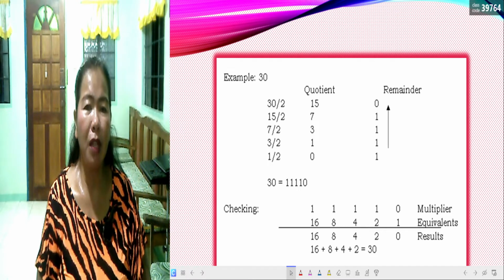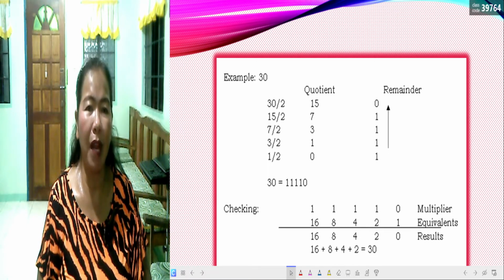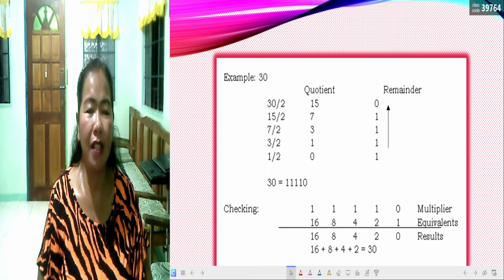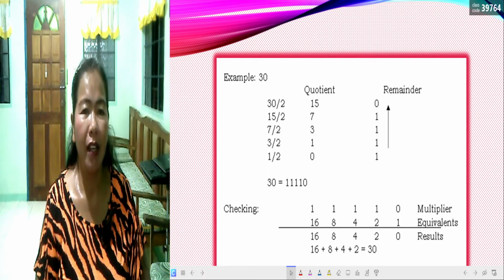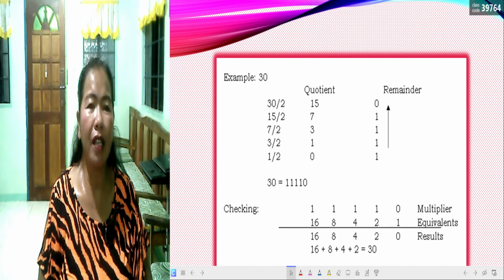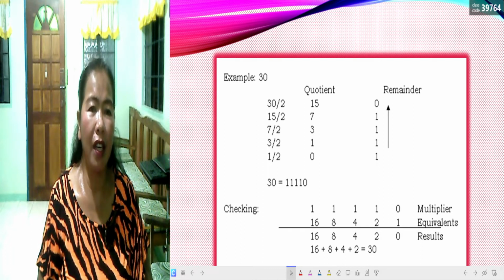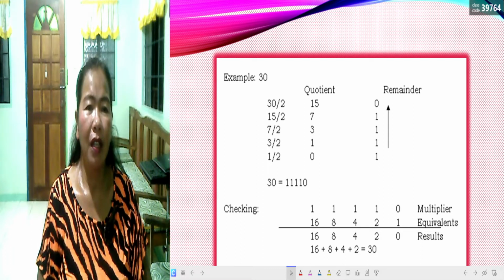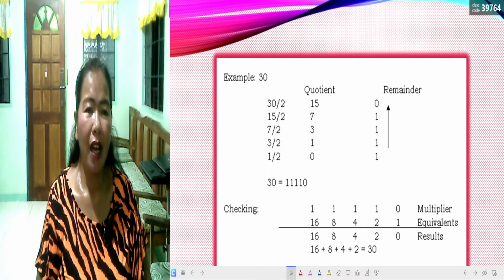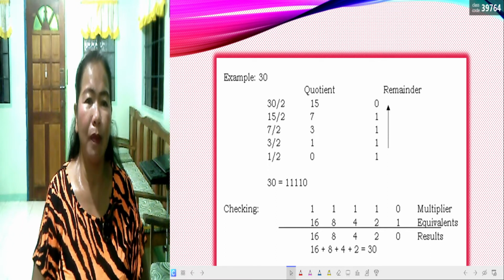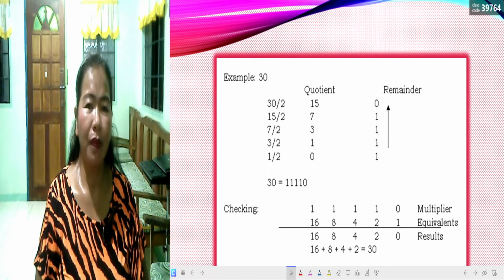So meaning the multiplier equivalence is being multiplied by 2. Whatever the last digit is will be multiplied by 2. So if ever there are still additional digits to the left, after 16, you need to multiply 16 by 2, and that will result to 32.